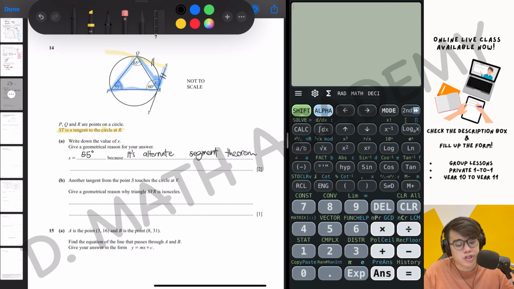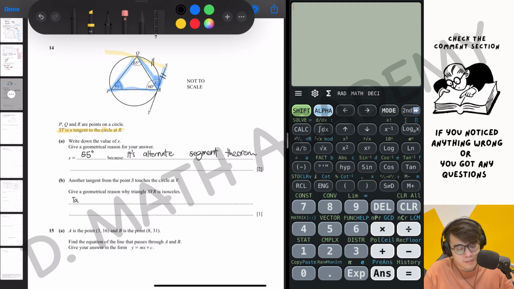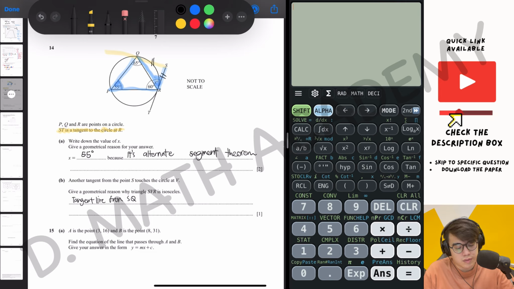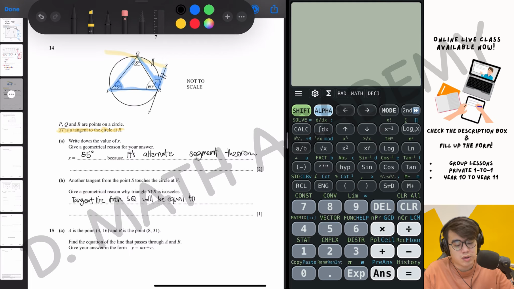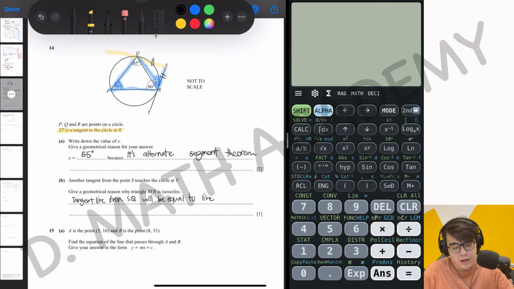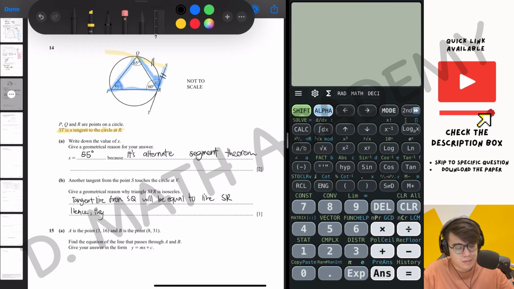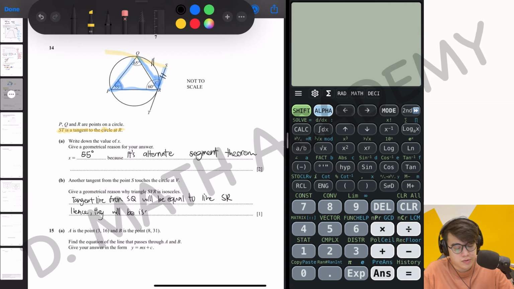So you can mention that the tangent line SQ will be equal to line SR. Hence, they will form an isosceles triangle here.